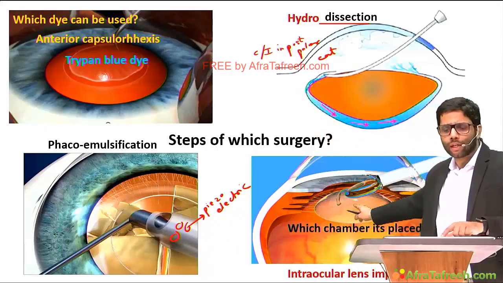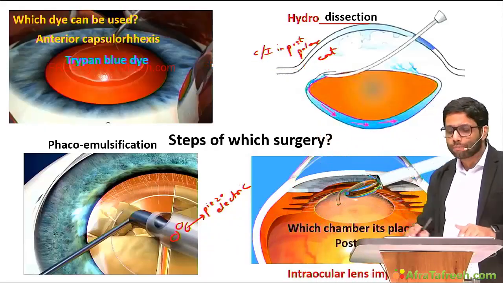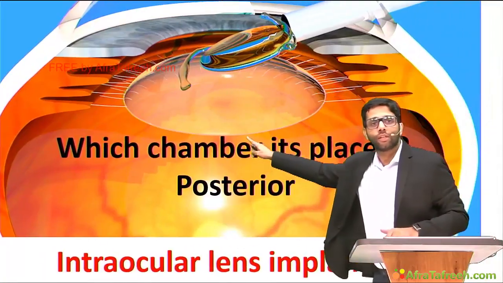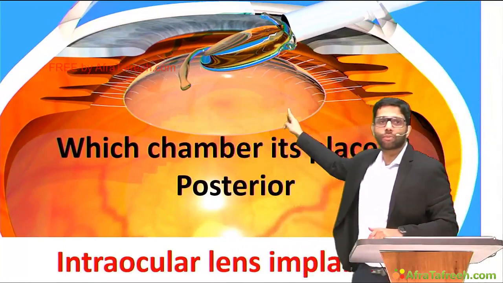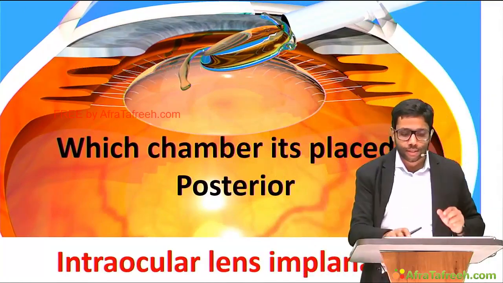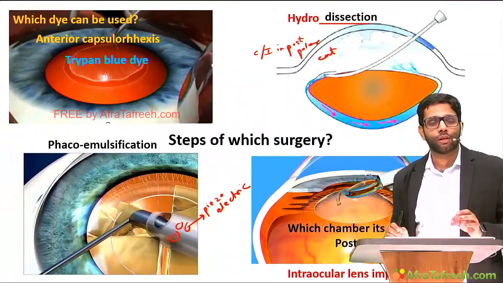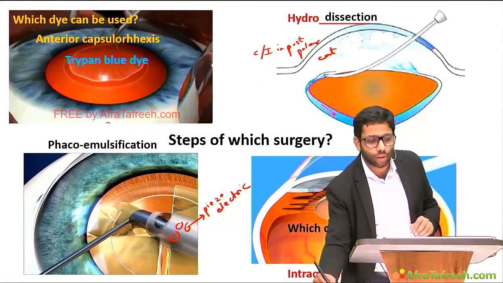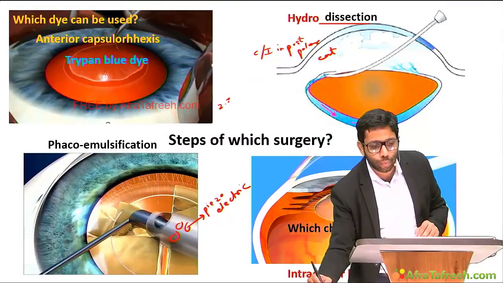Then you place the intraocular lens, and the best position is in the posterior chamber of the eye. That's why it is called posterior chamber intraocular lens. The incision in phacoemulsification is at the clear cornea or limbus. Incision is 2.75 to 3.2 millimeters.